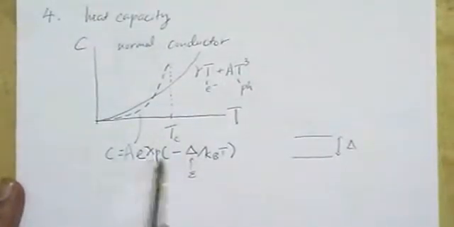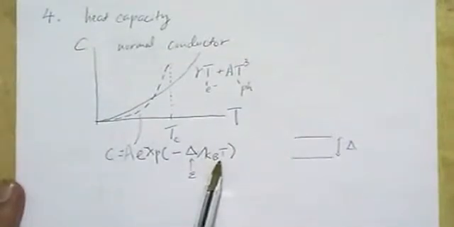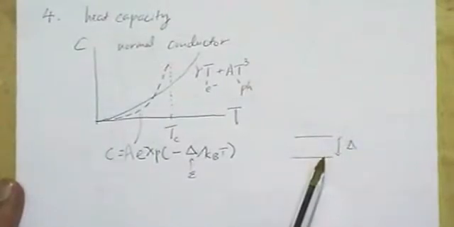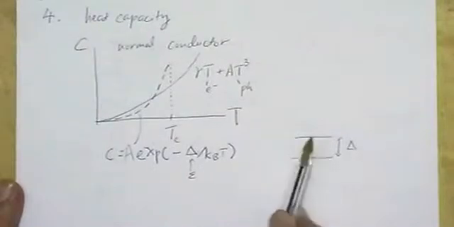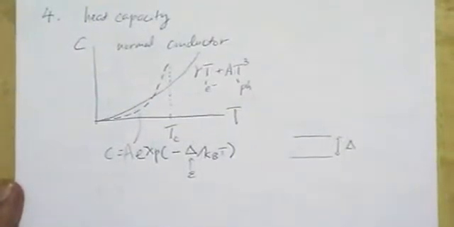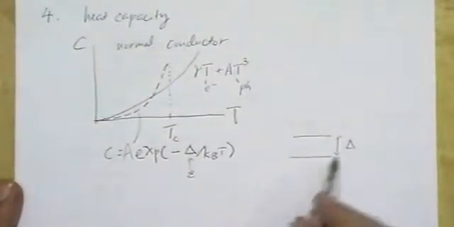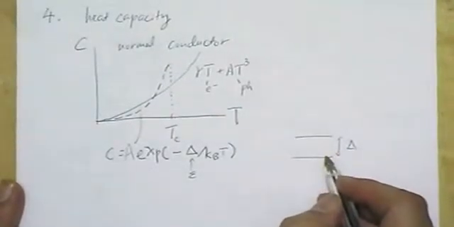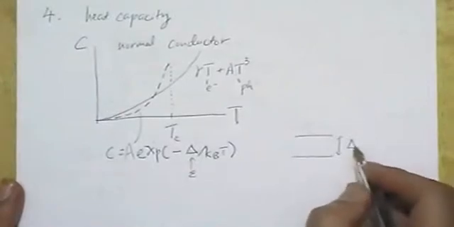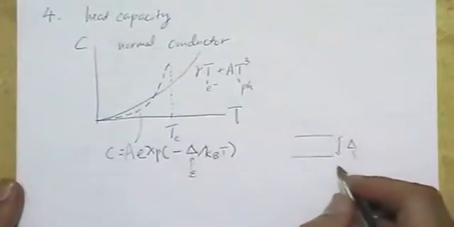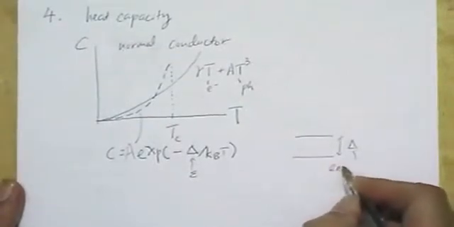Okay, so this expression here might represent the probability of, or the relative population of, the electrons in the two levels. So in that sense, there is an energy spacing of some sort. Okay, for this reason, the delta here is often called an energy gap.